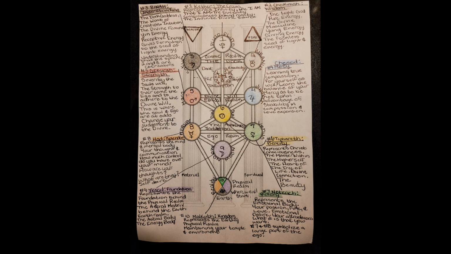If you'll notice, each of the 4 sections in this 10th sphere are shaded a different color, and those colors correspond with the spheres above. Starting with the green portion, we have what represents the emotional body.